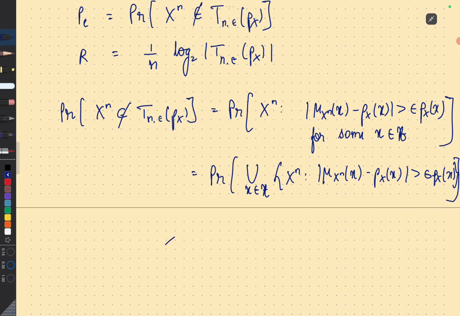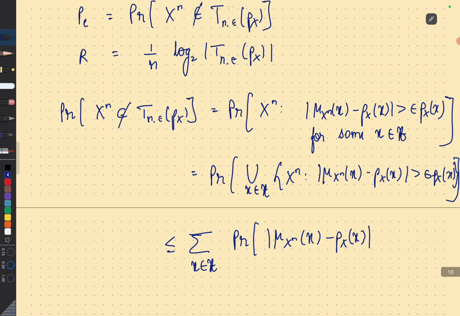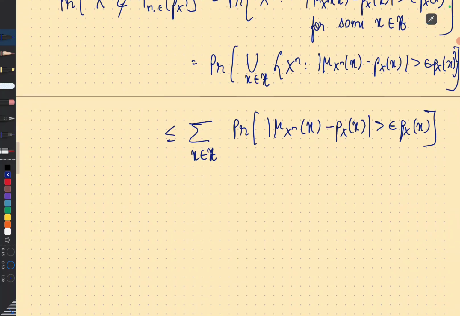So I can then use a union bound to write this as less than or equal to the summation over all x in X of the probability that mu_{X^n}(x) is not epsilon close to p_X(x). Right. Now how would I bound this particular probability?